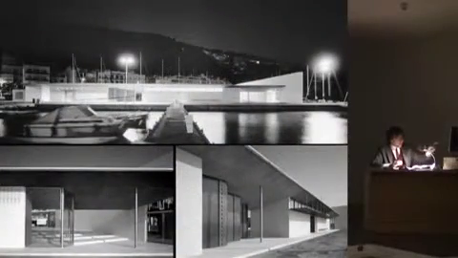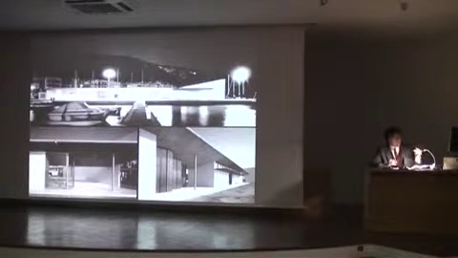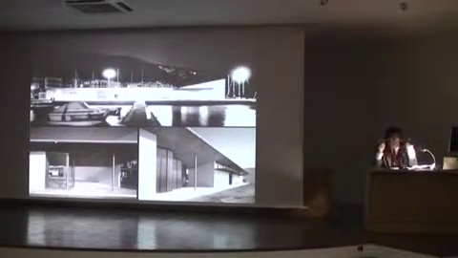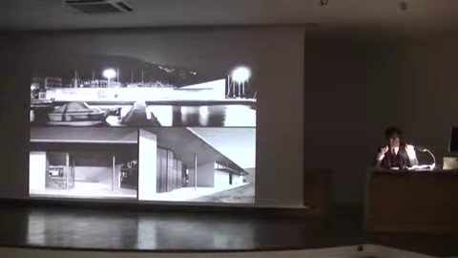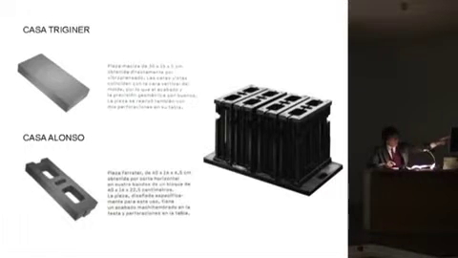Then other stories arose, and here I used it in the yacht club. You see the open angles and the whole repertoire, and what started as a single piece became a family. Here, the very first piece manufactured by Triginet, and the other one manufactured by Alonso, it joins with a tongue and a groove.